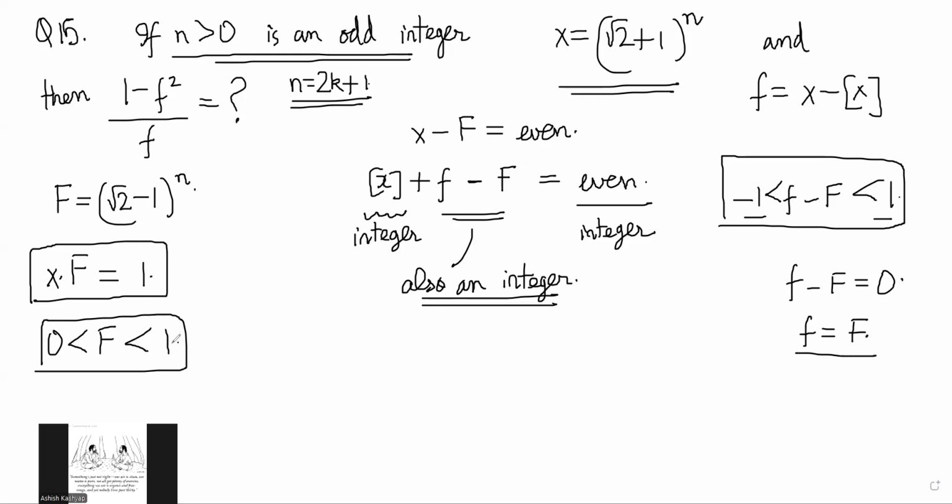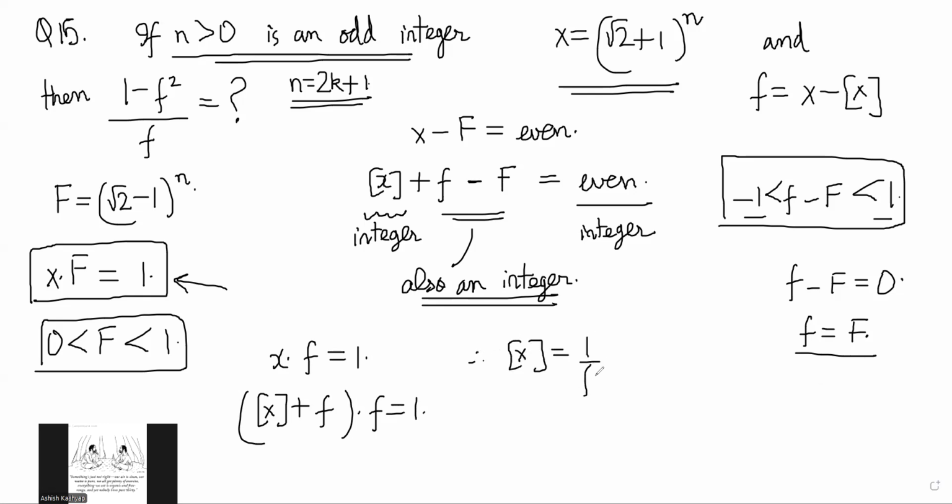Now putting that in this equation, we get x times F is equal to 1, right? And this is GIF of x plus f times f is equal to 1. So we are getting GIF of x is equal to 1 by f minus f.